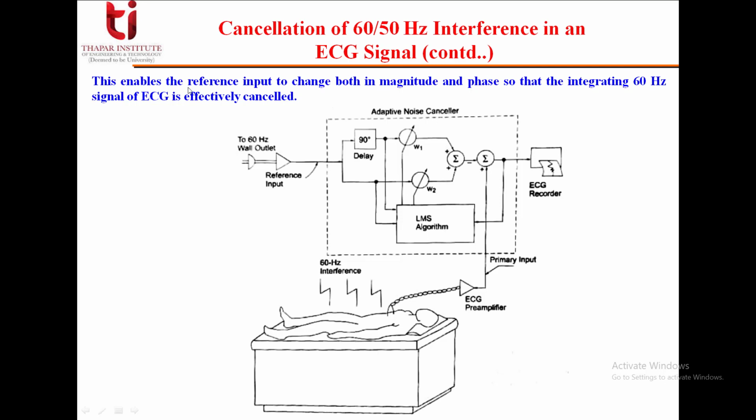This figure enables the reference input to change both in magnitude and phase so that the interfering 60 Hz signal in the ECG is effectively cancelled.